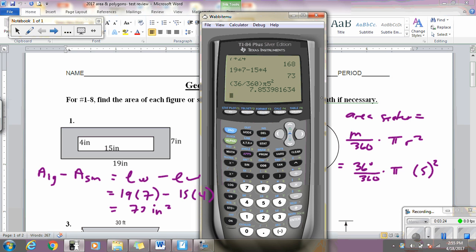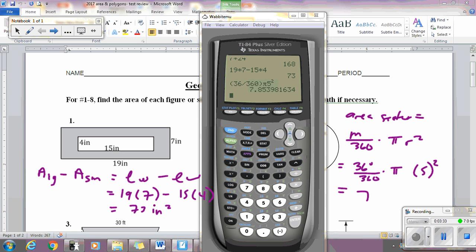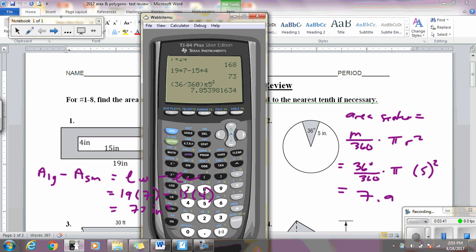And I said round to the nearest tenths, so that would be 7.9. So it's about 7.9, let's check our units, inches squared.